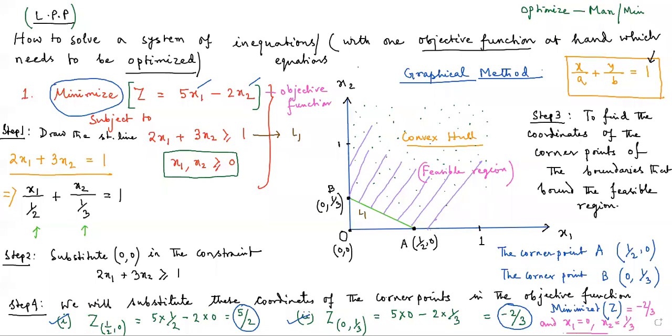Because of these values, we have got -2/3. So our solution is that the objective function has been minimized, and the minimum value is -2/3, and the corresponding values for the variables x1 and x2 are respectively 0 and 1/3. So we get this solution for the given linear programming problem.